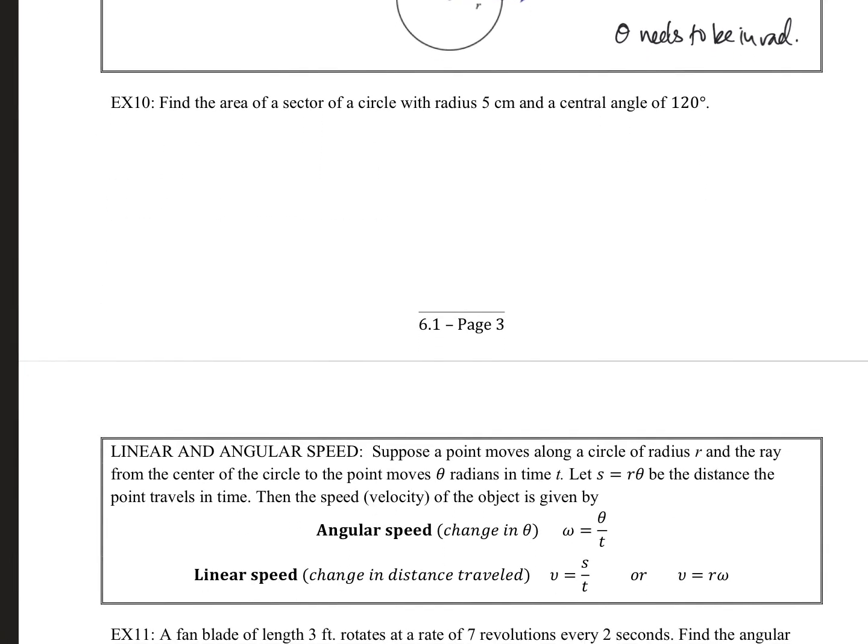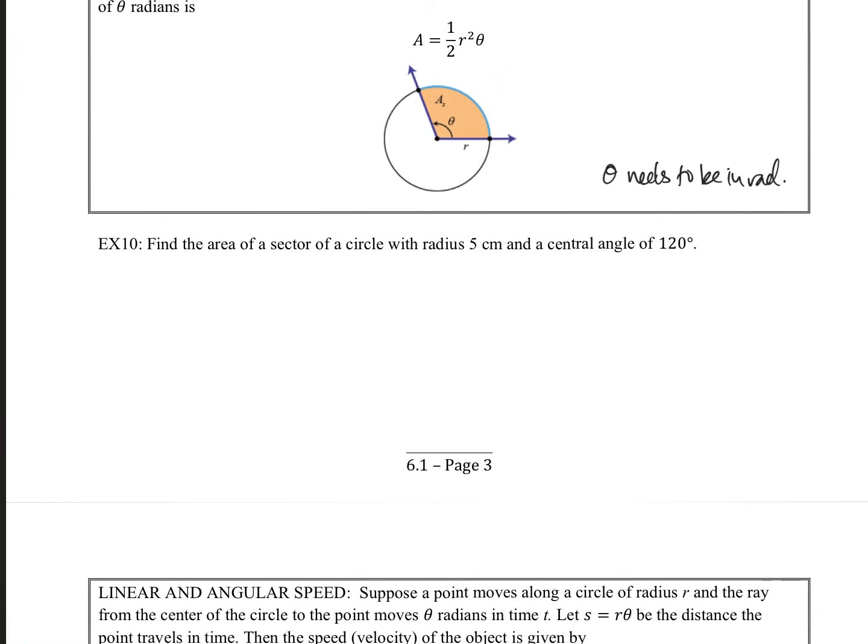Okay, example 10. Find the area of a sector of a circle. So we want area, with a radius 5 centimeters and a central angle of 120 degrees. So let's see. We've got a circle, radius in red, of 5 centimeters and an angle of 120. So somewhere over here, 120 degrees.